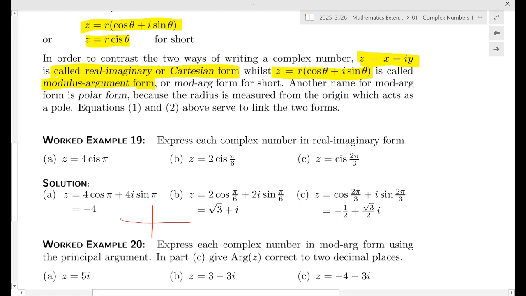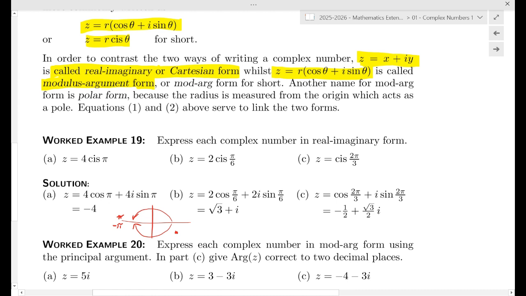Remember, pi is there, minus pi is there, so you're going in between them. We're doing angles between pi and minus pi. So that 3 minus 3i, which quadrant's it in? The fourth one. And you said it was 45 degrees? Negative. So it's negative 45 degrees or negative pi on 4, because it's down here.